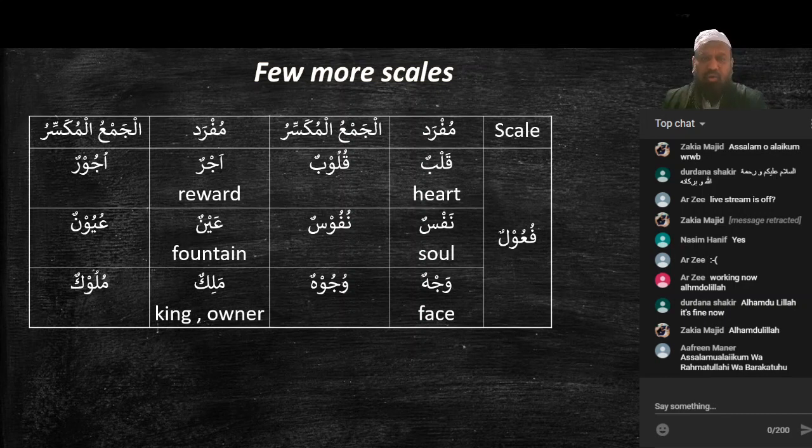So we learn Qalbun, Jama Qulubun. Nafsun, Jama Nufusun. Wajhun, Jama Wujuhun. Ajrun, Jama Ujurun. Aynun, Jama Uyunun, fountain. Malikun, Jama Mulukun. These are a few scales. If you want to learn more scales, you'll find them in the notes.